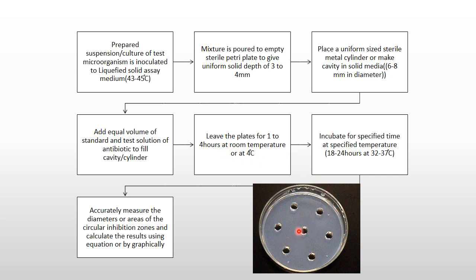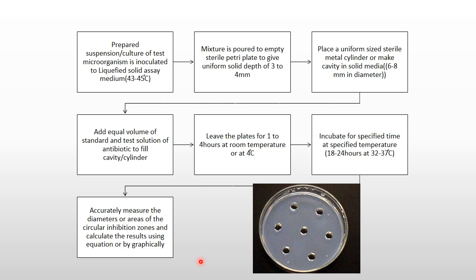Then leave the plates for 1 to 4 hours at room temperature for the proper diffusion of the antibiotic, and then incubate for a specified time at a specified temperature, that is 18 to 24 hours at 32 to 37 degrees Celsius, for promoting the growth of the inoculum. Then accurately measure the diameters or areas of the circular inhibition zones and calculate the results using an equation or graphically. These are the steps used for the cup plate method.